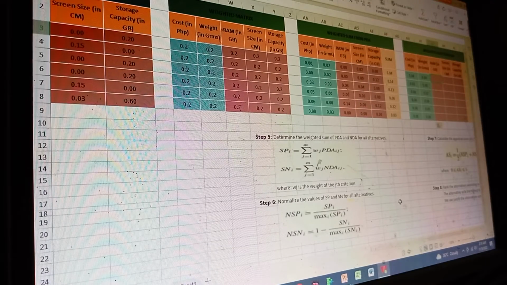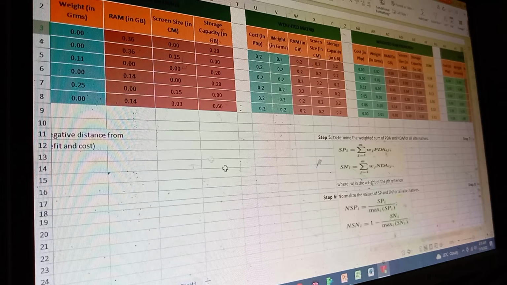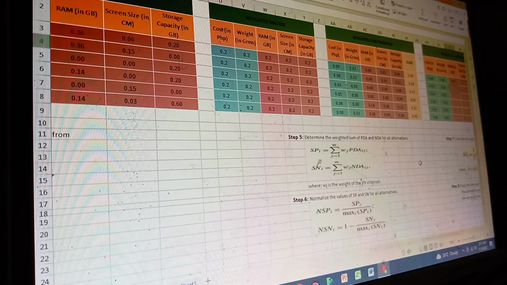The benefit side is equal to the negative alternative, this one times, okay.